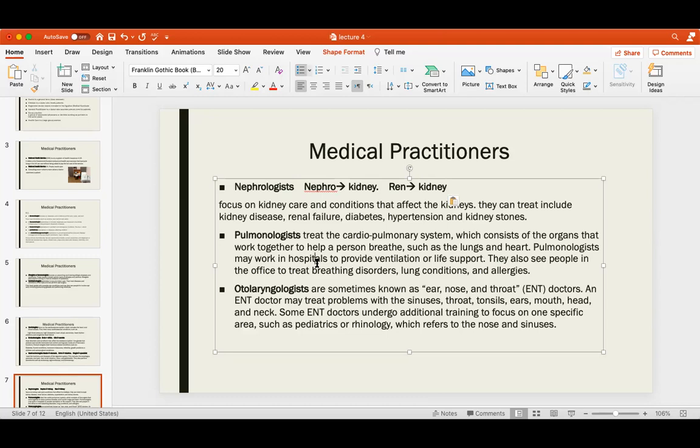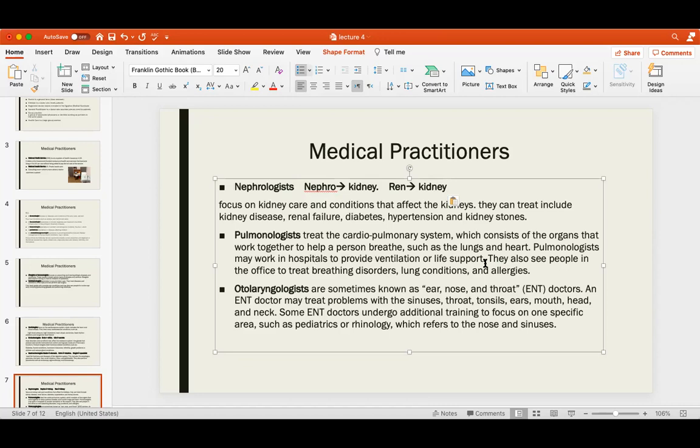Pulmonologists treat the cardiopulmonary system related to the lungs, which consists of the organs that work together to help a person breathe, such as lungs and heart, because we said that pulmono refers to the lung.